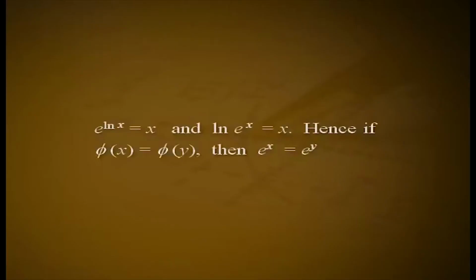Recall that the exponential function e^x is a function from R onto R+ and the logarithmic function ln x is a function from R+ onto R, and they are inverses of each other. That is, e^(ln x) = x and ln(e^x) = x. Hence, if phi(x) = phi(y), then e^x = e^y.